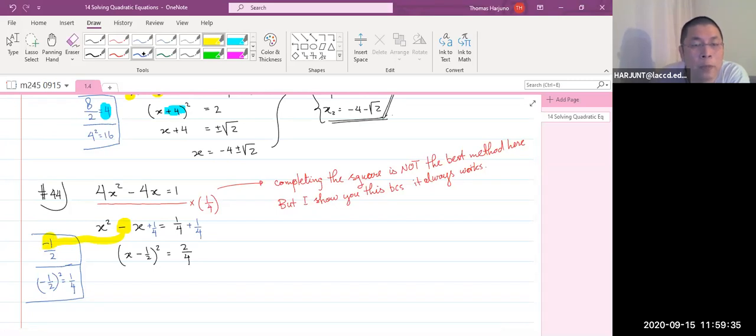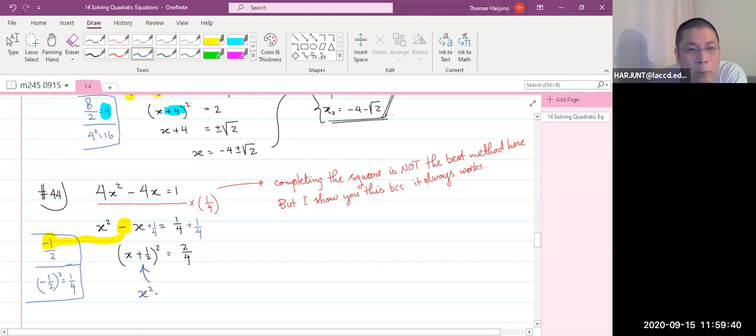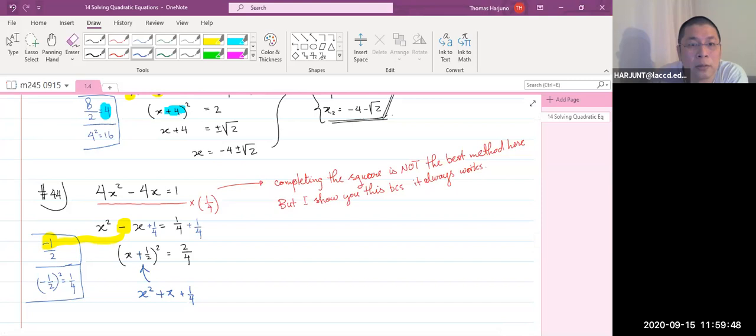If you make it plus here, then when you FOIL it, you will get x squared plus x plus 1/4, if that were a plus. You see that? Yeah, I see it.